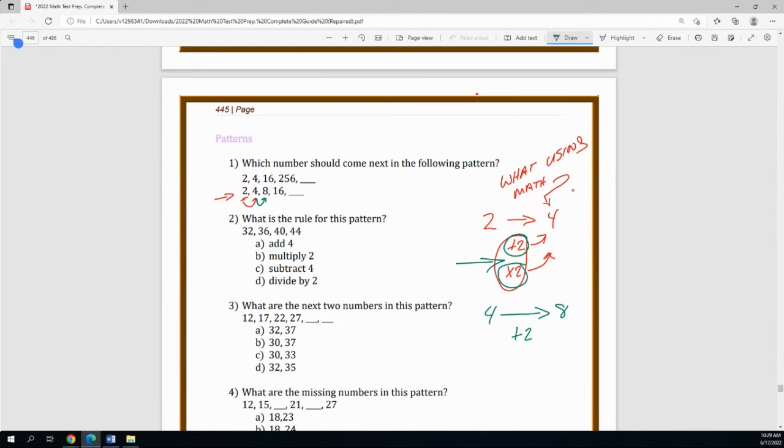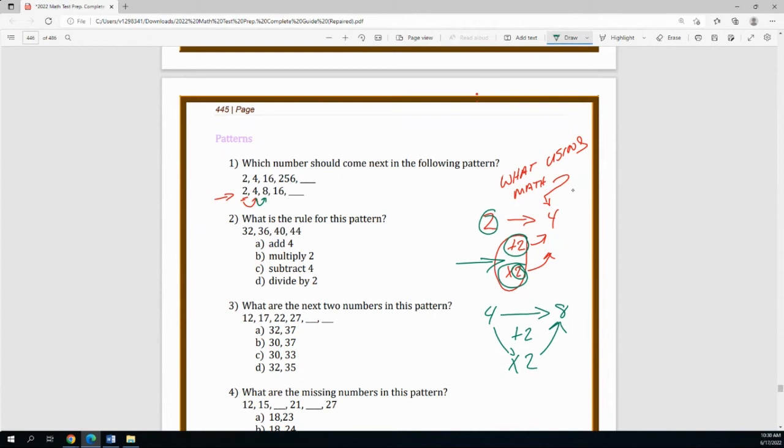Was it 4 times 4? No, it's not the number times itself, because 4 times 4 is going to give me 16. Oh, well, what about 4 times 2? Oh, yeah, well, 4 times 2 gives me 8.